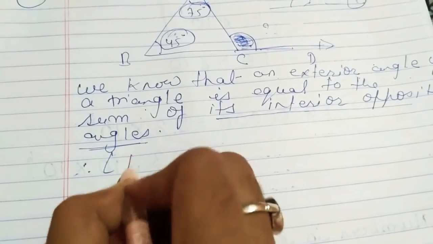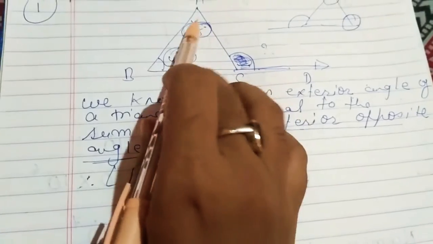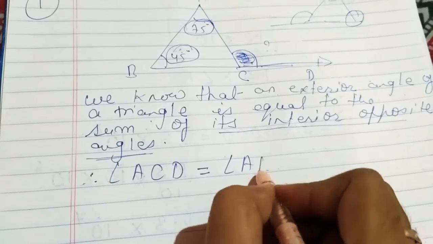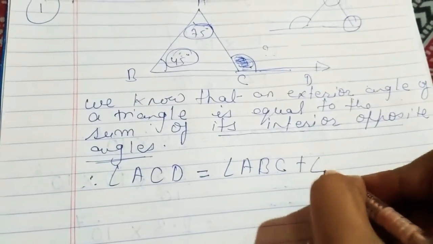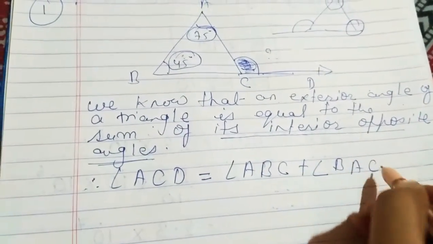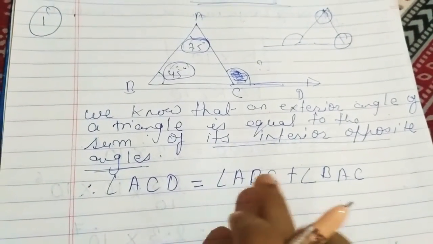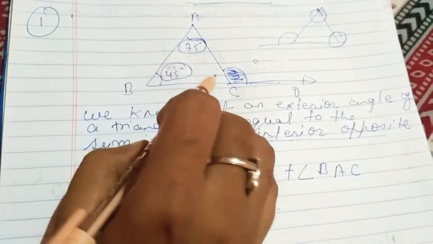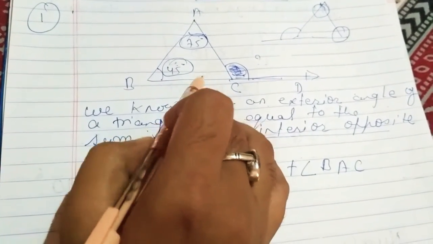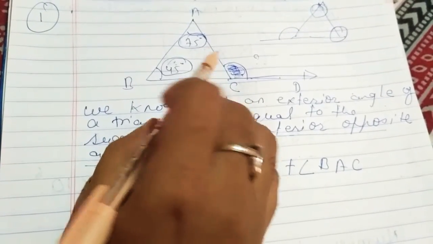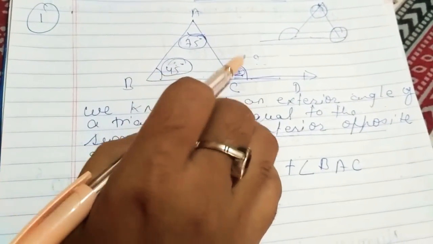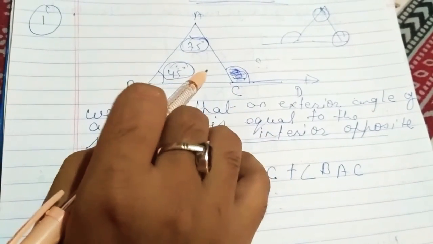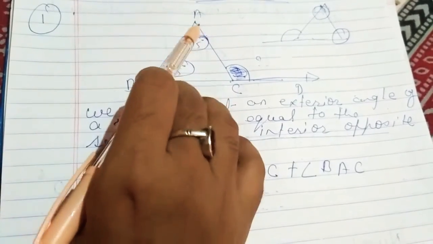Therefore angle ACD, that means this angle ACD, is equal to angle ABC plus angle BAC. Yes, you can take simply angle A, angle B, and write them separately, but this angle cannot be called just C. Why? Because at C there are two angles formed. That's why you have to write angle ACB or angle ACD.